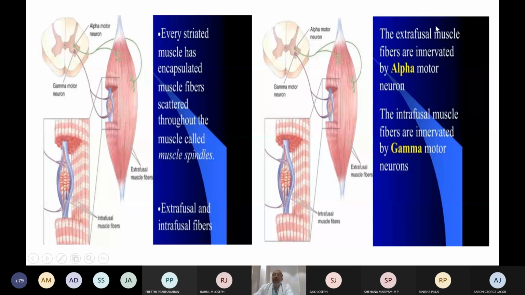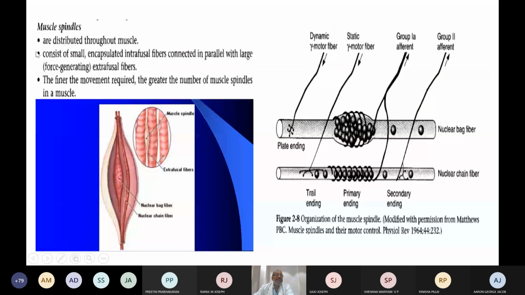You have to know extrafusal muscle fibers are innervated by alpha motor neuron. Intrafusal are innervated by gamma motor neuron. Then muscle spindles are distributed throughout the muscle.